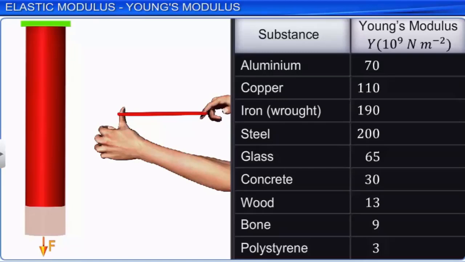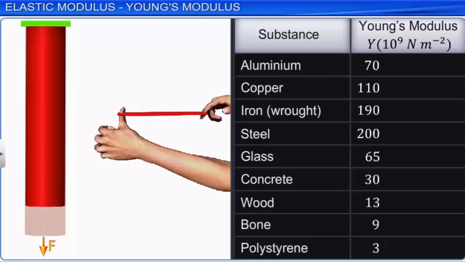This is because a higher Young's modulus means a larger force is required to produce the same amount of deformation in bodies of the same dimensions. The expression for Young's modulus can be rearranged to solve for F, the applied force.